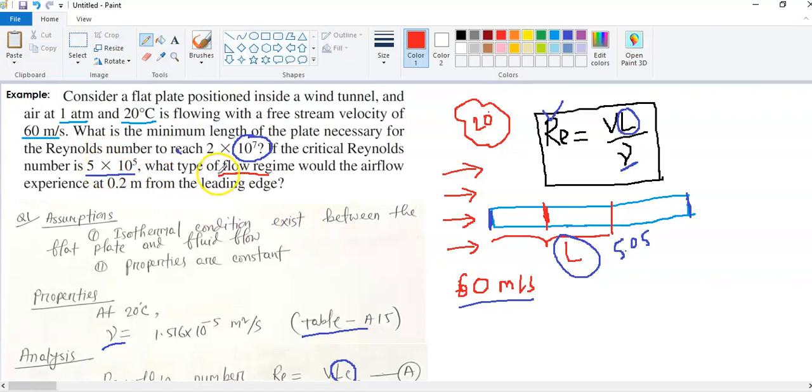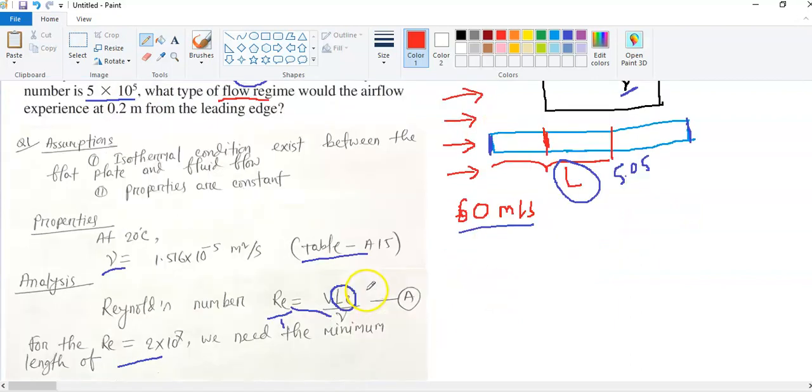The flow is definitely turbulent at 5.05 because it is 10 to the power 7. In a general sense, we may say this is laminar, but we can't say appropriately. So we need to do some calculation. We will calculate it first, and then we will see what the actual flow regime is.